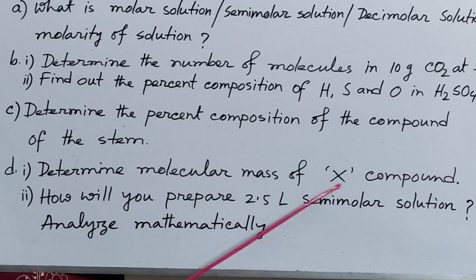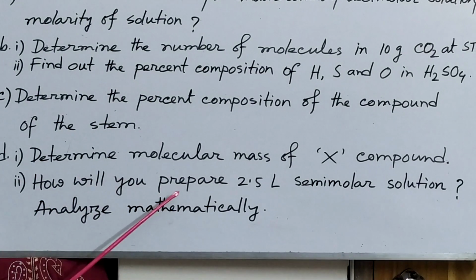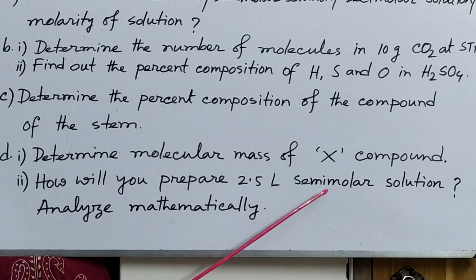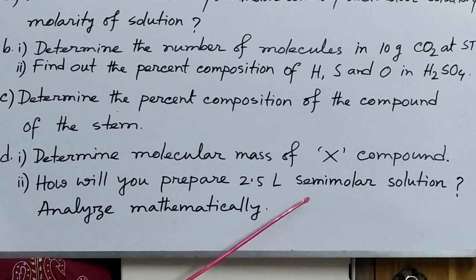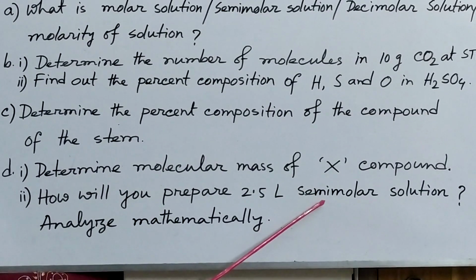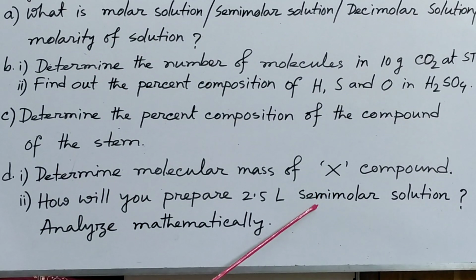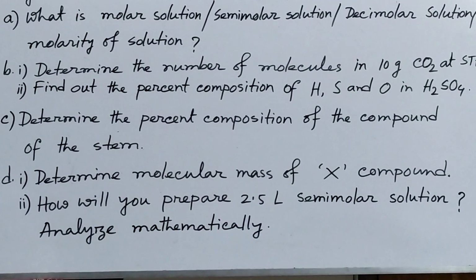Determine molecular mass of X compound. How will you prepare 2.5 liter semi-molar solution? Analyze mathematically. Semi-molar solution means 0.5 mole solute dissolved in 1 liter solution. Okay, now let us start one by one.